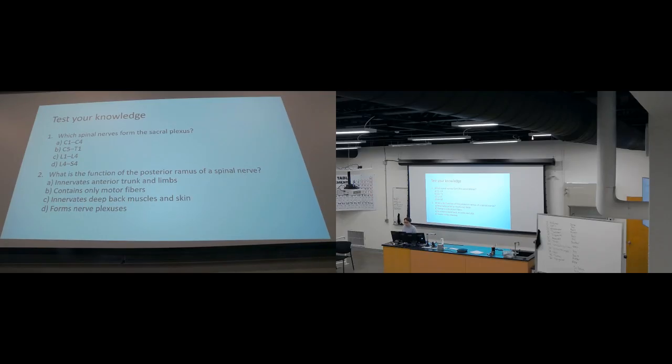What is the function of the posterior ramus of the spinal nerve? Innervating anterior trunk and limbs, containing only motor fibers, innervating deep back muscles and skin, or forming nerve plexuses? Posterior ramus. A, B, C, or D? C. That's why it's posterior.